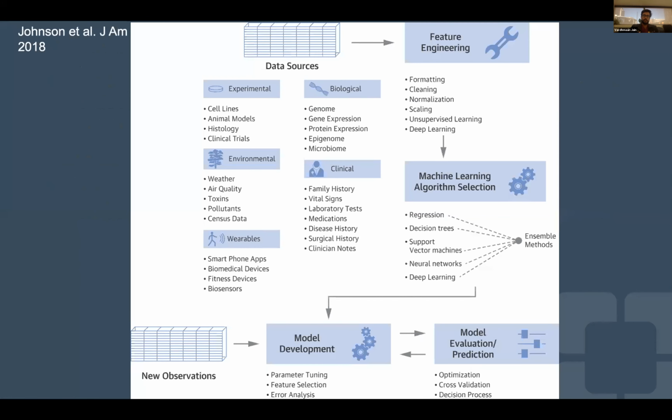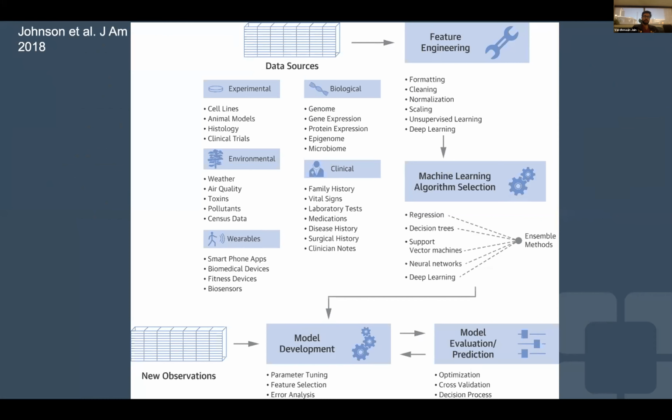And then this is an overview of how we go about building a machine learning model. We have our data sources, which could be a lab experiment, clinical data points, or smart wearable technology, and then we do something called feature engineering and feature selection, where we clean the data set, make sure that all data points are adequately represented, and think of our problem, what we want to do: predict, classify, or identify new patterns.